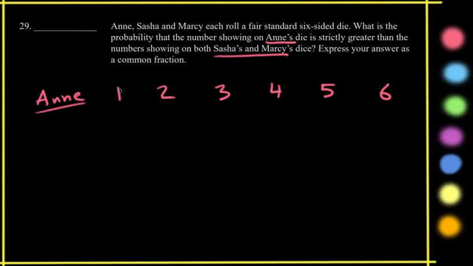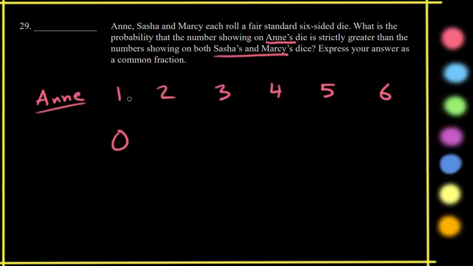So let's say Anne rolled a 1. What's the probability that both Sasha and Marcy will roll something lower than 1? That's 0, right? Because it's impossible for Sasha and Marcy to roll lower than 1 because 1 is the lowest number. Okay, let's go on to number 2. So for number 2, what is the probability?